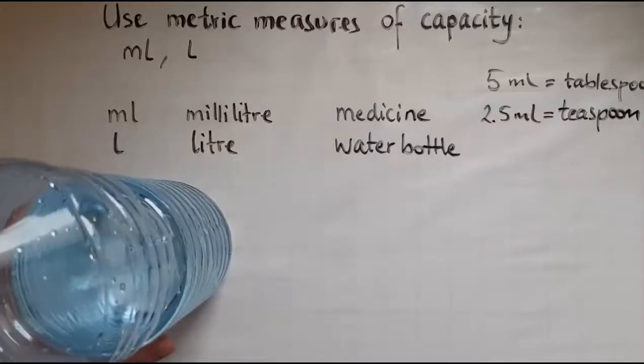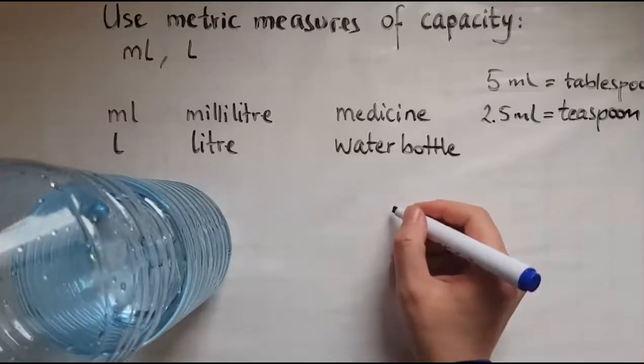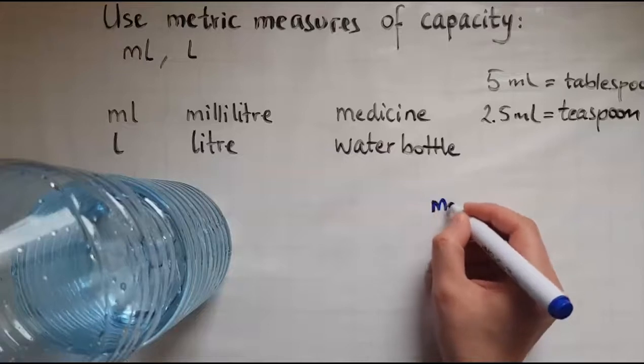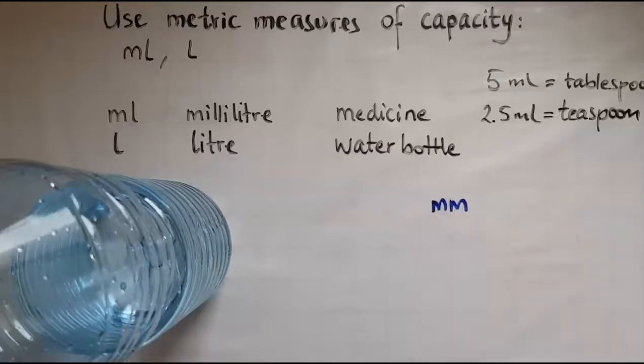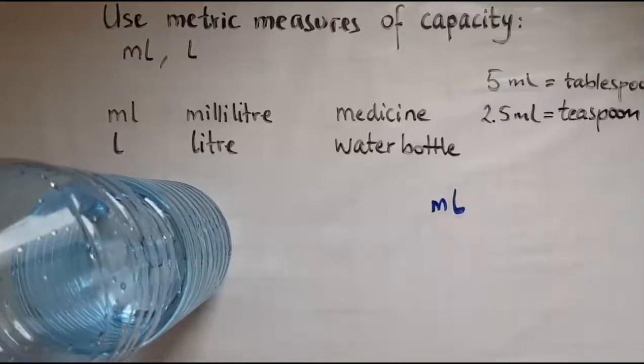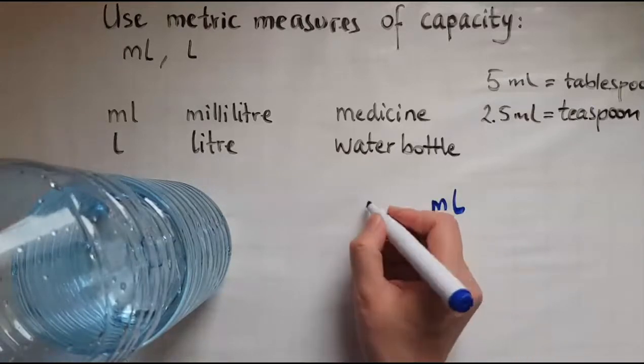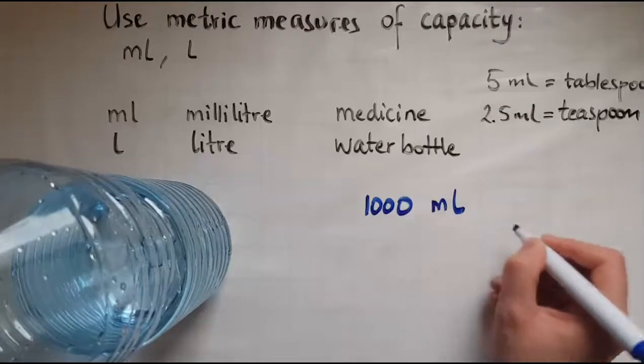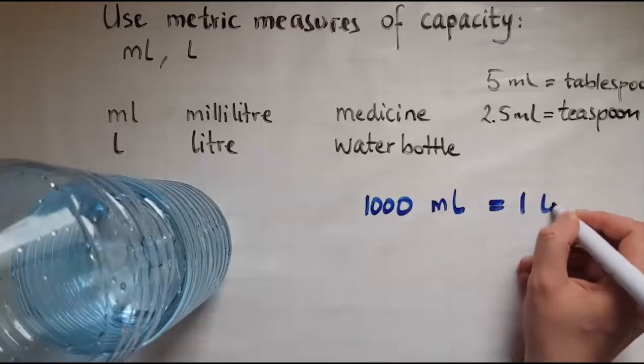I will try and write some clues to help us remember now how many in each of them. So milliliter, that is a very small amount. Milliliter, not millimeter, so I'll change that to milliliter. There are 1,000 milliliters in 1 liter. So 1,000 milliliters makes 1 liter.